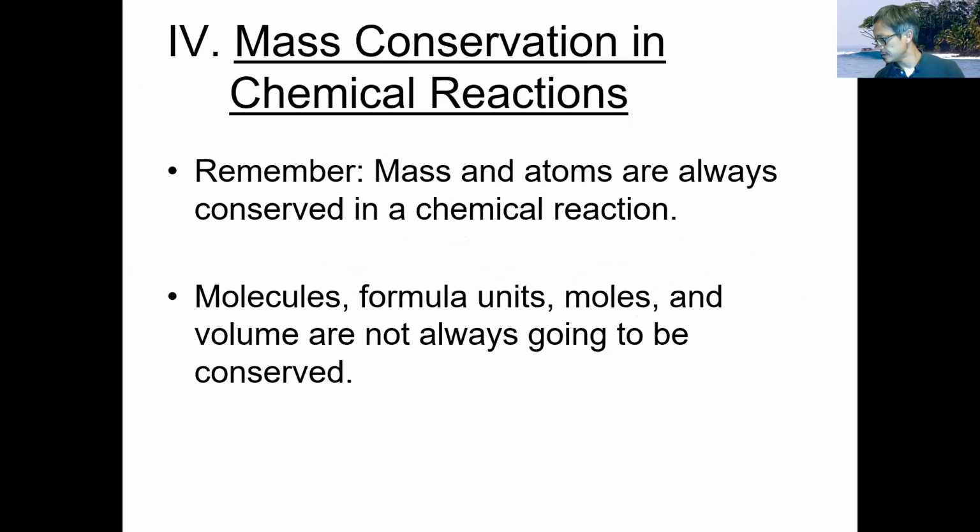And so the idea here is that we should be able to determine the masses, and like I pointed out to you, the masses are always going to be conserved. Atoms will be conserved, but if you saw what we did, the number of molecules and formula units, which simply means the particles that are ionic in nature, the ionic compounds, will not be equal on both sides. So at the molecular or compound level, we won't have equal numbers on both sides.